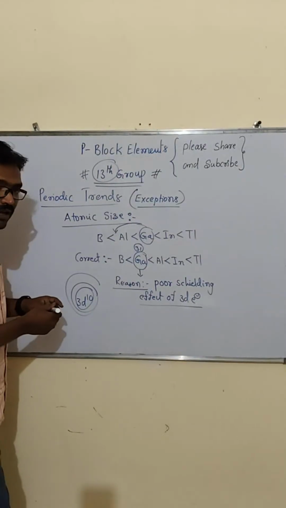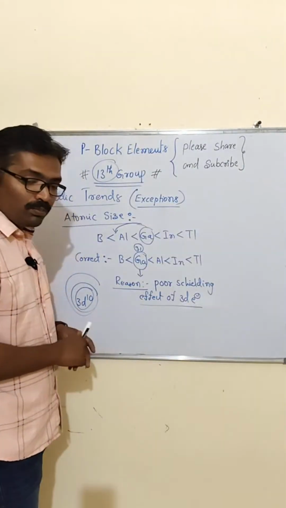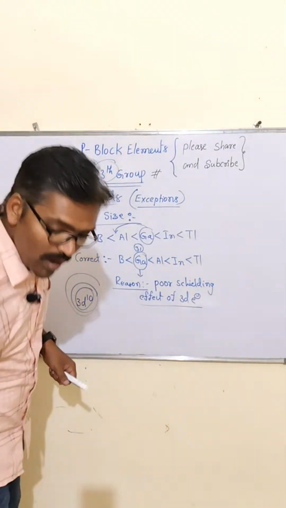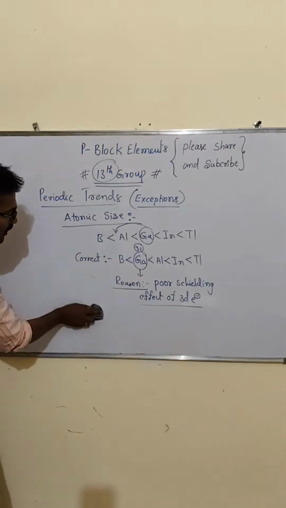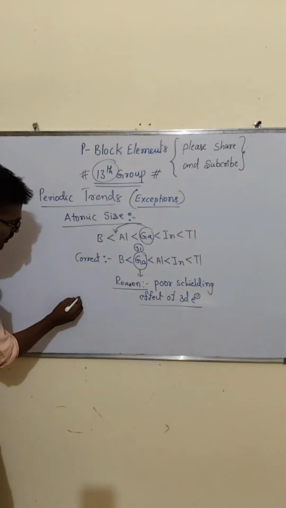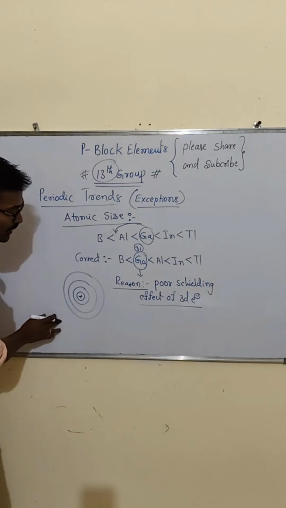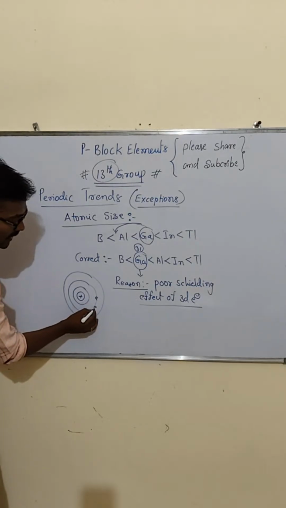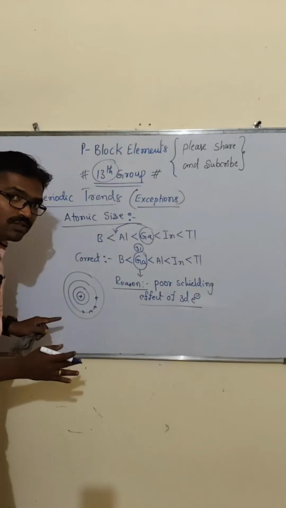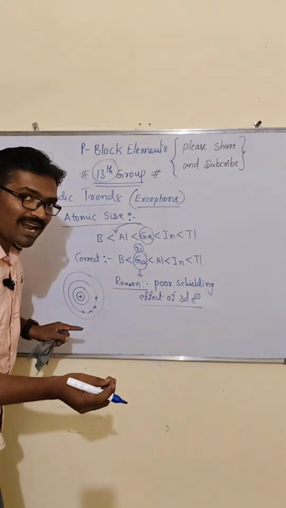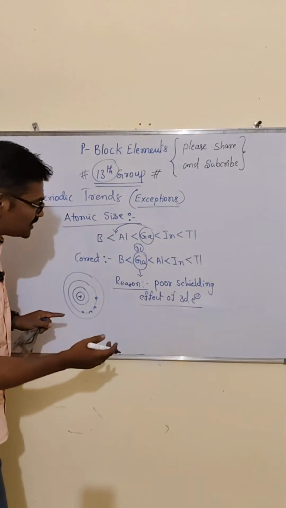These electrons have poor screening, so the atom will shrink. Just assume this is the shell. In the third shell, 10 electrons are there. These have a poor screening effect, which means they are attracted more towards the nucleus.